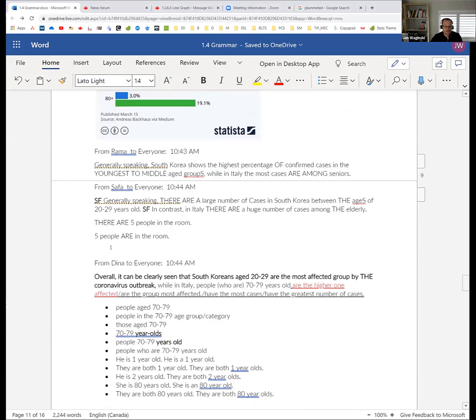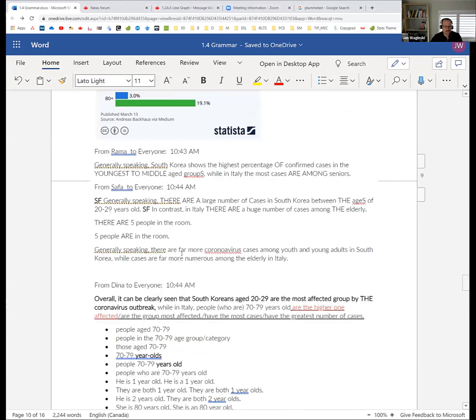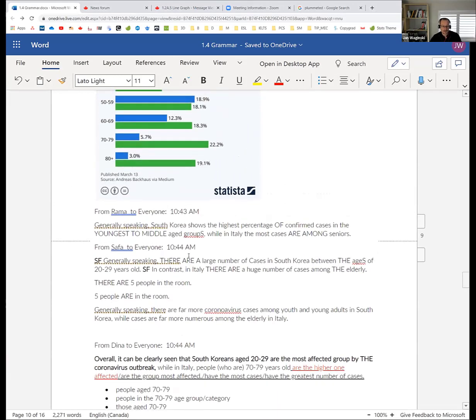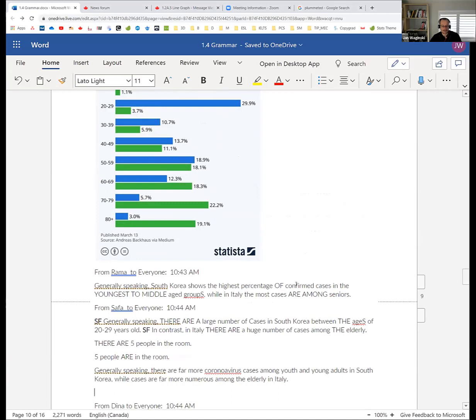So the one that I put is here. Generally speaking, there are far more coronavirus cases among youth and young adults in South Korea, while cases are far more numerous among the elderly in Italy. And I didn't talk too much about the 40 to 59-year-olds because these are very close together.